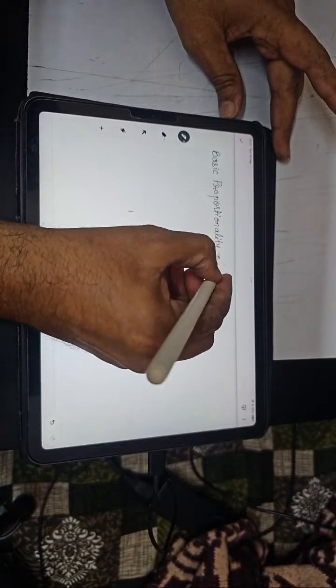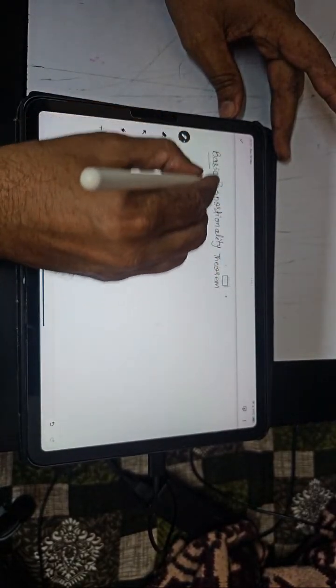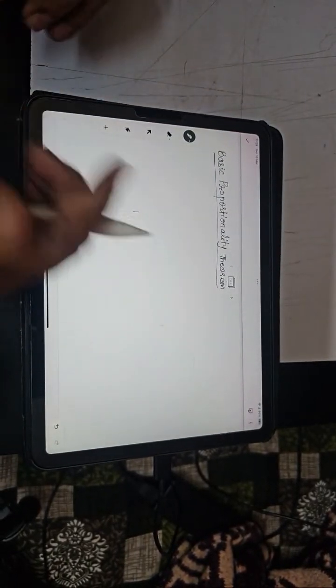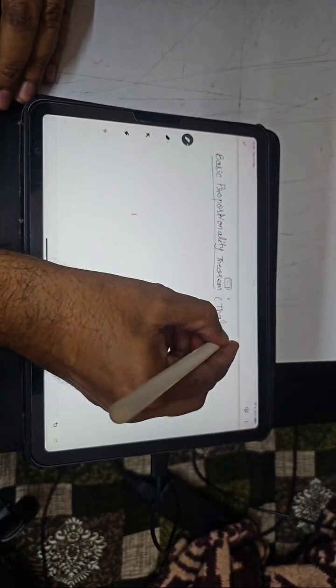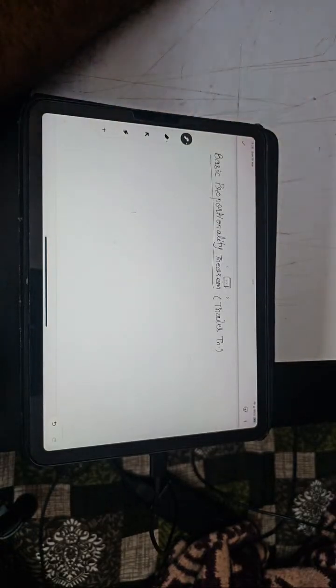Now this theorem can be asked as the theoretical part plus one numerical, or directly in the form of a numerical. This is also named as Thales theorem, right? It will be applicable when any two lines are parallel. We will use the BPT theorem.